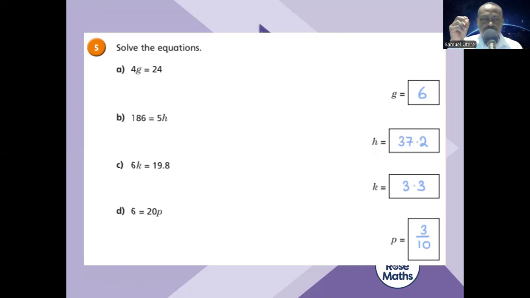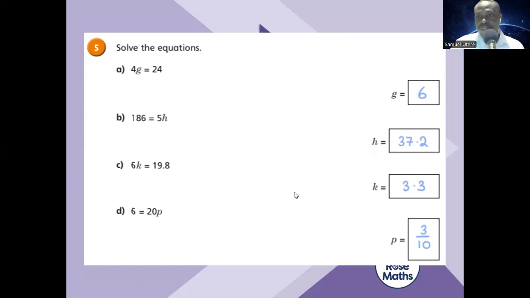To get H is 186 divided by 5. To get K is 19.8 divided by 6. And to get P is 6 divided by 20. That really comes quickly once you do this for a while.